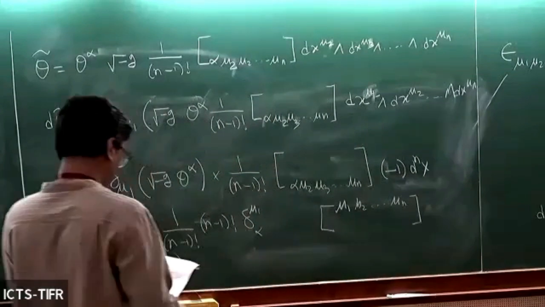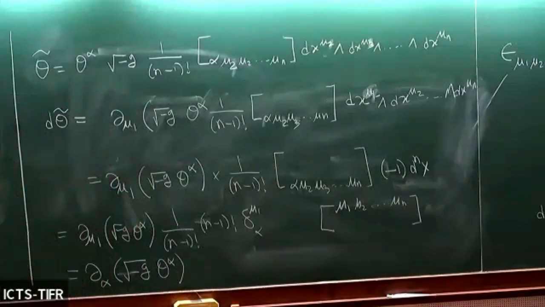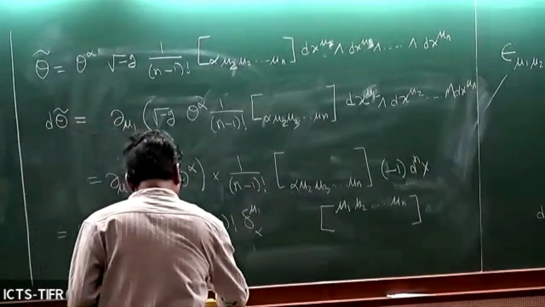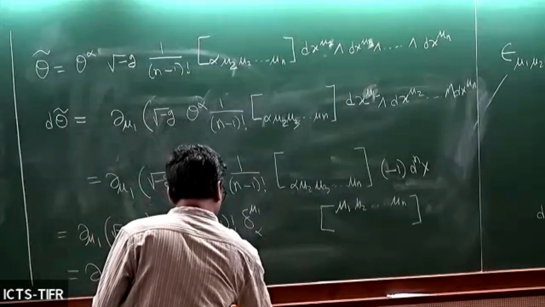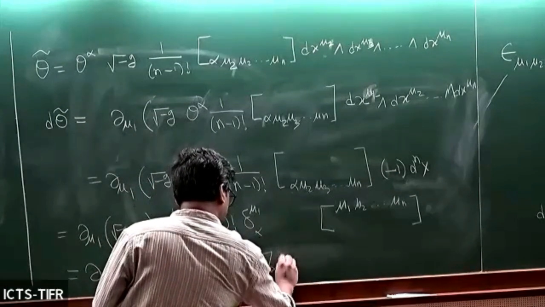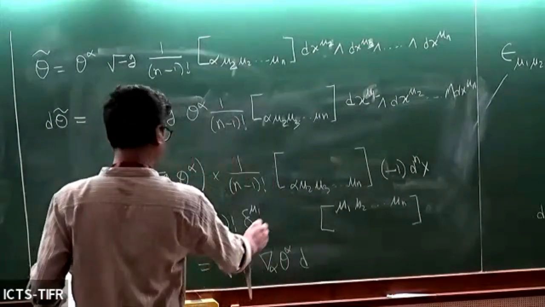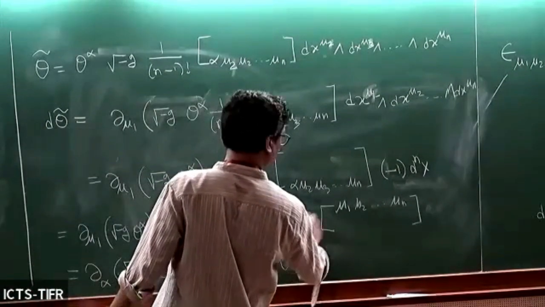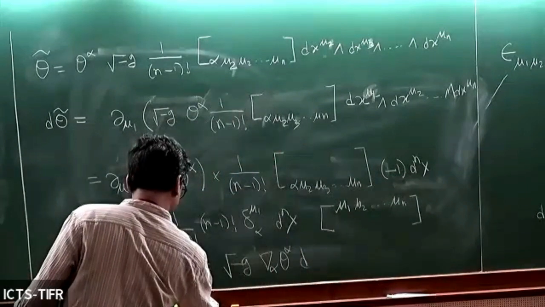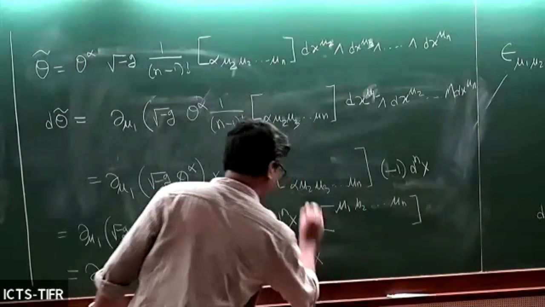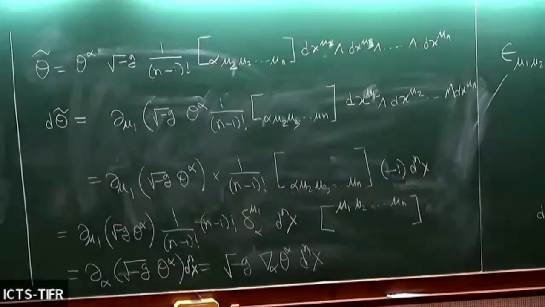Good. Now you should be able to convince yourself this is square root of minus g, grad alpha theta alpha, dnx. Sorry, there is a dnx which I have not written. This object. Clear? So what I have here is nothing but the integral over the manifold of d theta tilde epsilon.